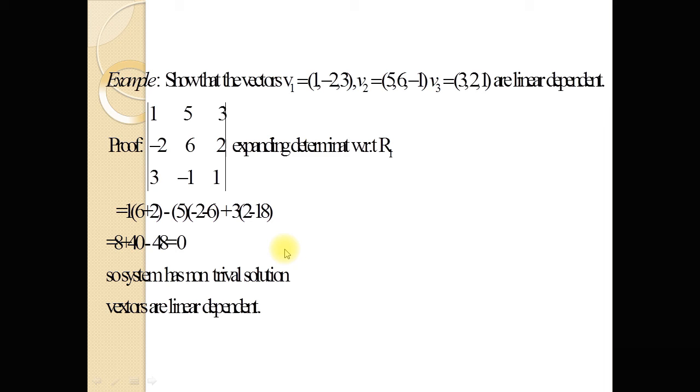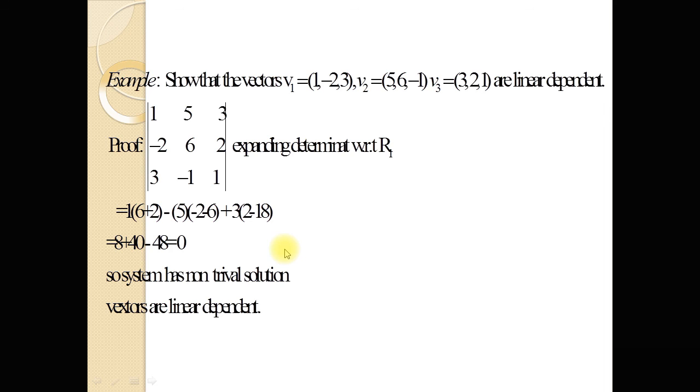A homogeneous system has at least one solution. This is understood. The system always has one solution, which is called the zero solution, so we cannot say that the system has no solution.